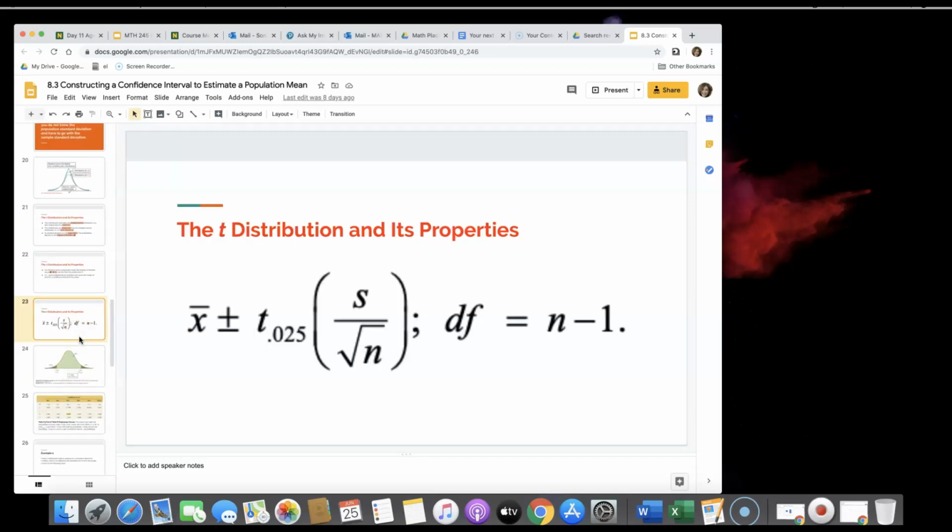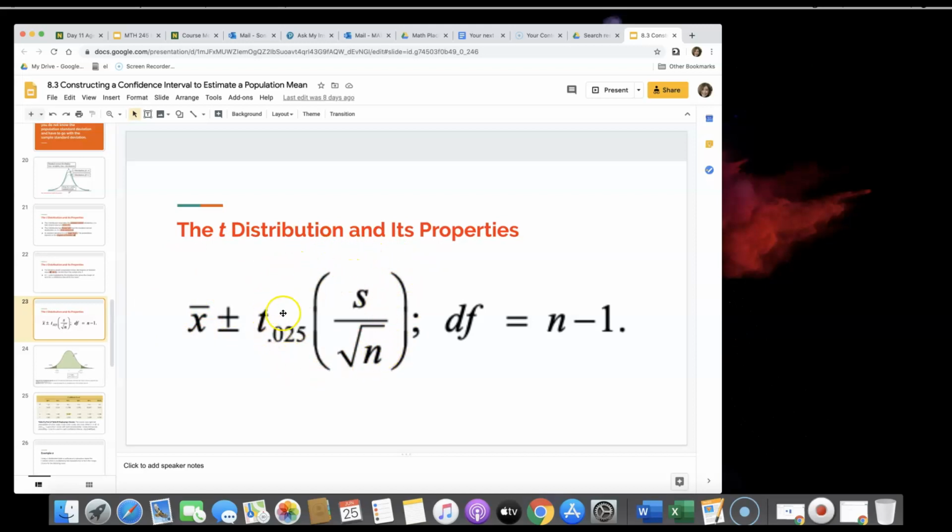Aha, here we go. So this is the confidence interval formula. And what we need to focus on is this piece right here. The x bar is the sample mean. We don't really care about creating the entire confidence interval here. We're just trying to find out the margin of error.